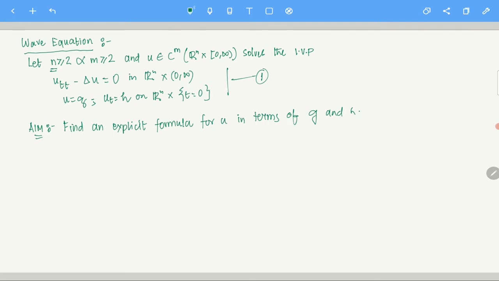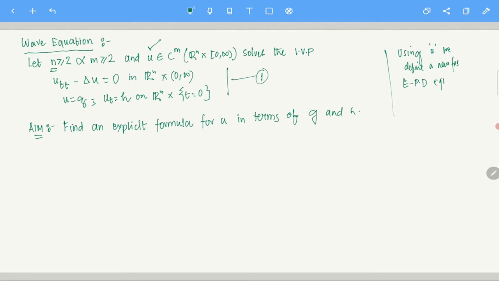So what we are trying to do here is this. First thing first, we want to define a new function using this small u. Using small u, we define a new function, and that function will satisfy a particular equation which we are going to call the Euler-Poisson-Darboux equation.